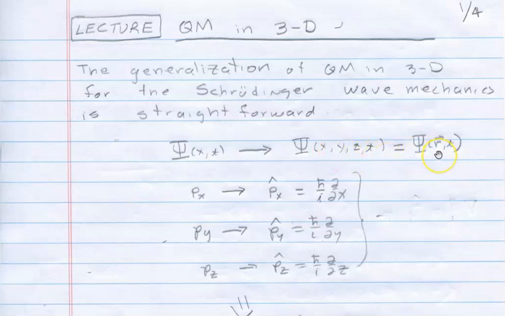So you can think of this r vector as x, y, and z if we're in Cartesian coordinates. However, we'll also want to allow for the possibility that maybe we're using spherical coordinates or cylindrical or some other coordinate system. And if I use the spherical coordinates, well, then this r vector here would represent r, theta, and phi.